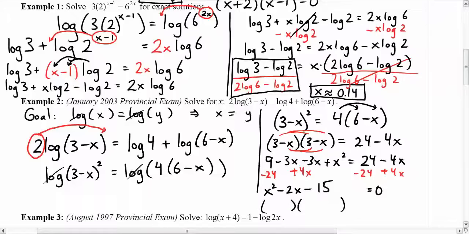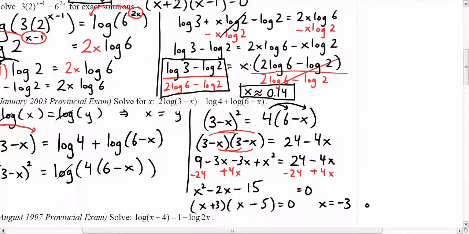What multiplies to -15 and adds to -2? -5, +3. So I have 2 solutions. x is -3 or x is 5.